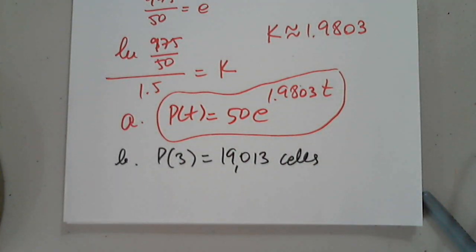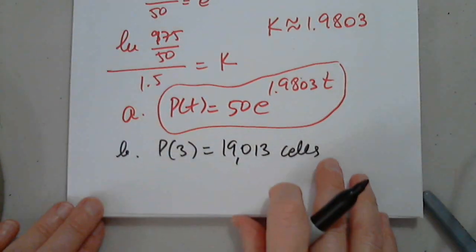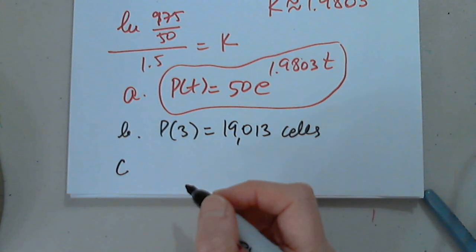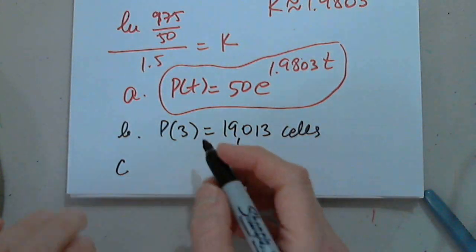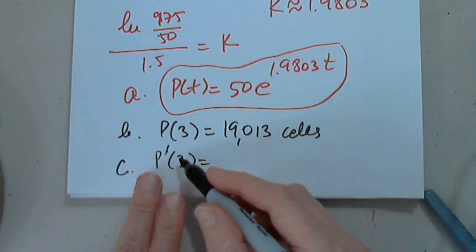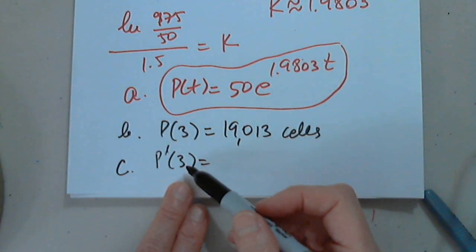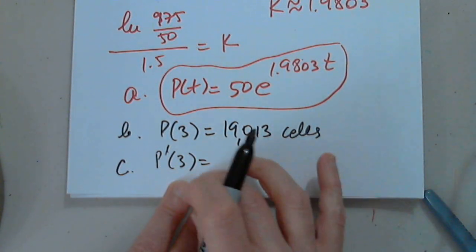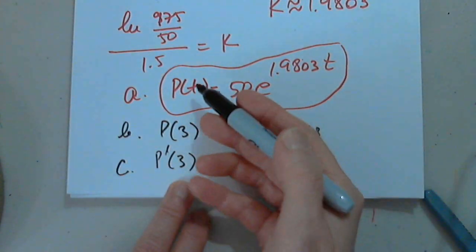Okay, part C, find the rate of growth after 3 hours. Well, remember what we have to do. We have to find P prime of 3. This is the growth rate after 3 hours. First of all, we have to find P prime of t.